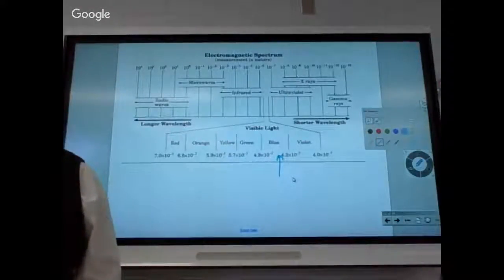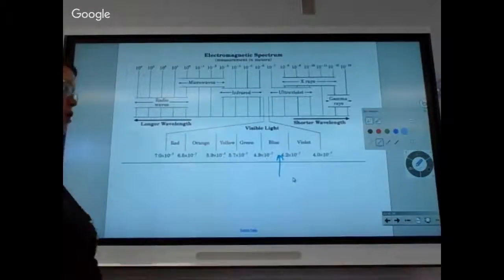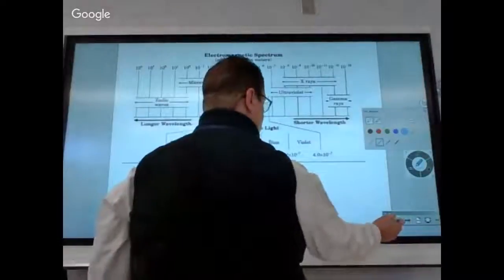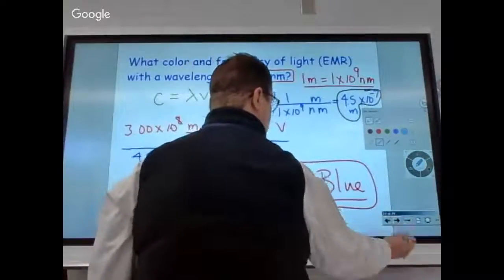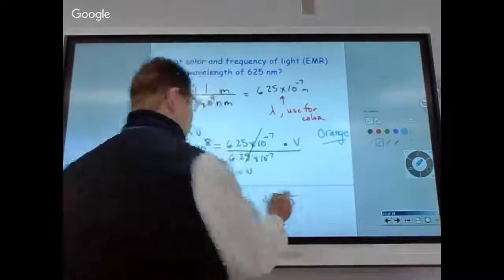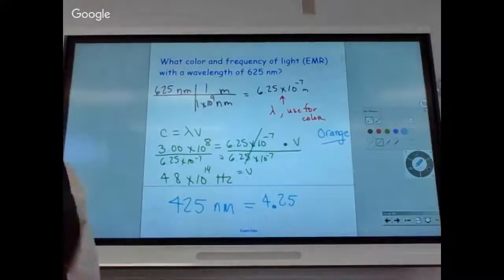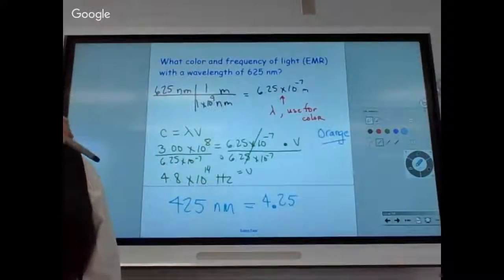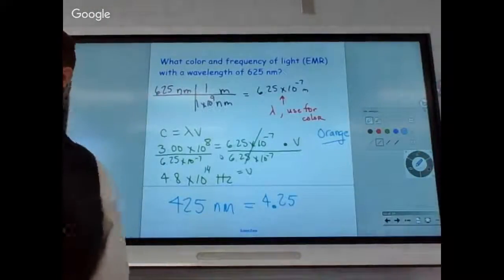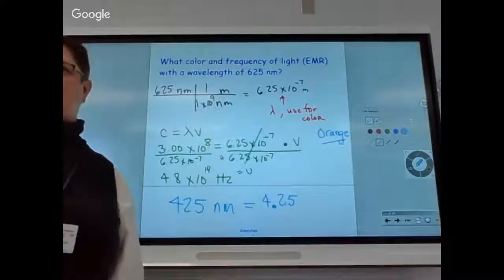You can do that to find color, but you can't take the 4.25 and plug it into the formula because you need the exponent that goes with it to be able to plug in. You can't do the shortcut to plug into the formula, but you can do it just to get the color of it.